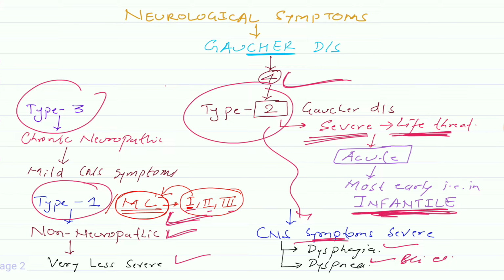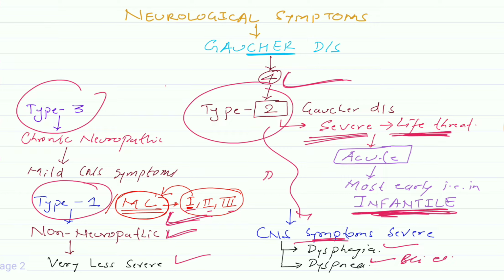It appears for a very short time, and it causes a very high level of injury. Even it may cause death of the individual. That is why it is acute infantile Gaucher disease. So there are three types: type 1, 2, and 3.